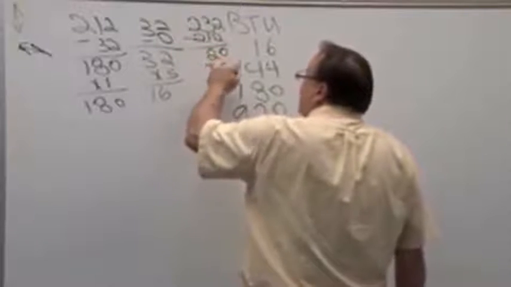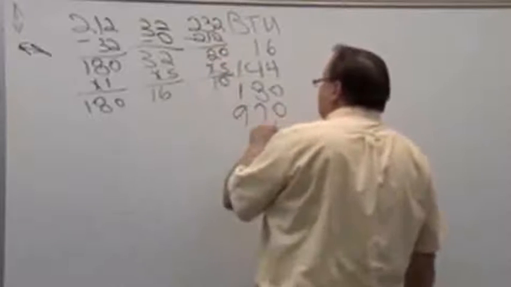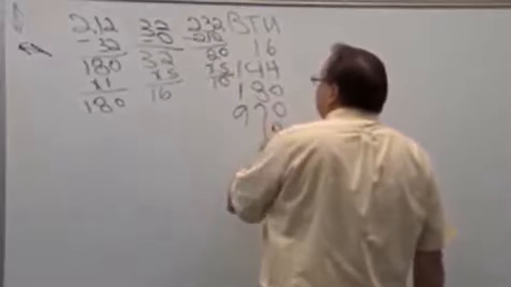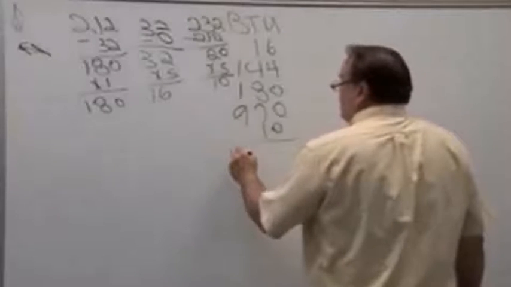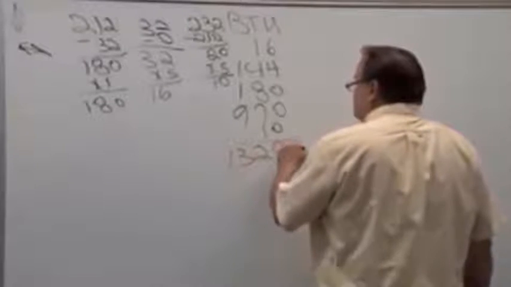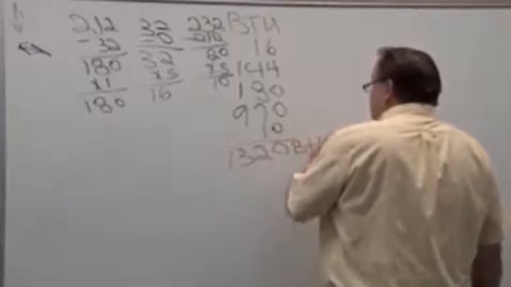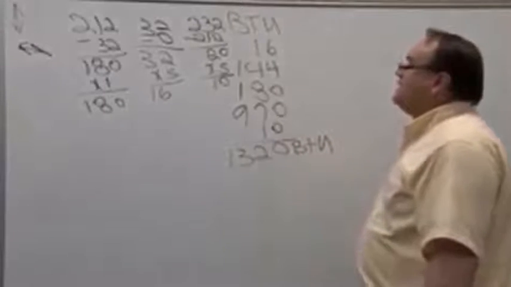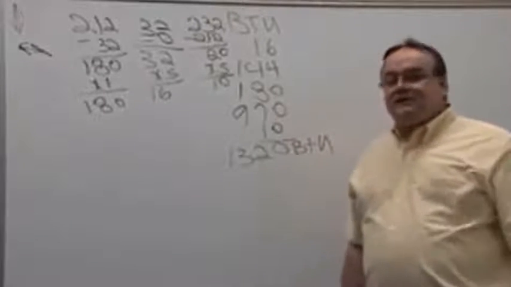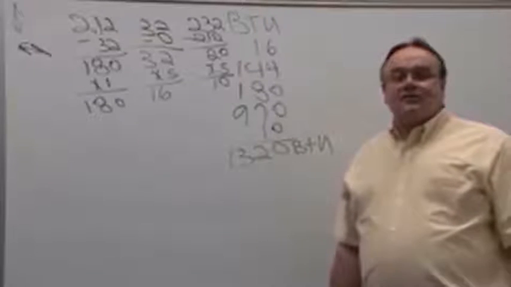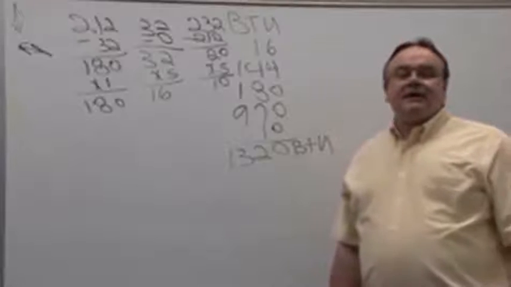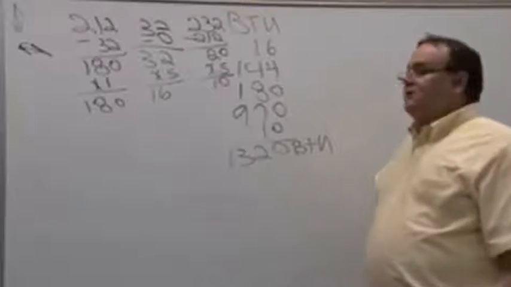Multiply that by 0.5, that will give us 10 BTUs. Now we'll add all these numbers together, and we're going to get 1,320 BTUs. So it's going to take 1,320 BTUs to turn 1 pound of ice at 0 degrees into 1 pound of steam at 232 degrees.